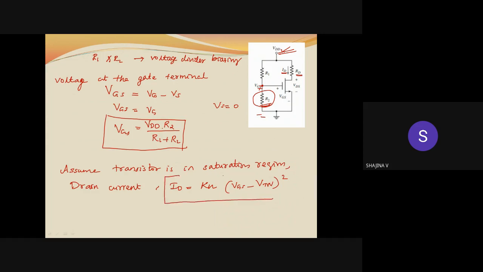This is from the previous semester. In the electrical characteristics, you have studied it. In this equation, VTN is the threshold voltage, and Kn we can call the transconductance parameter.